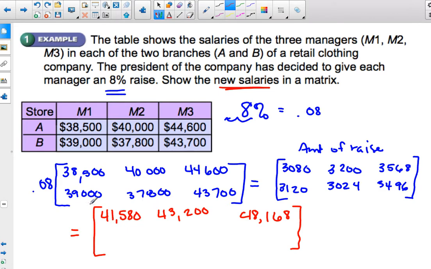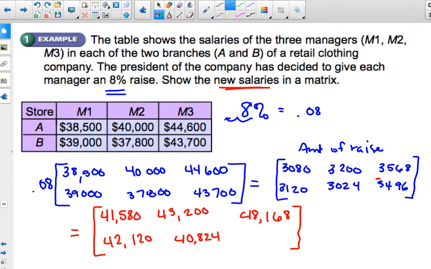Row 2, 39,000 plus 3,120 is going to give us 42,120. The second element in row 2, 3,024 plus 37,800, we're going to give this one 40,824.